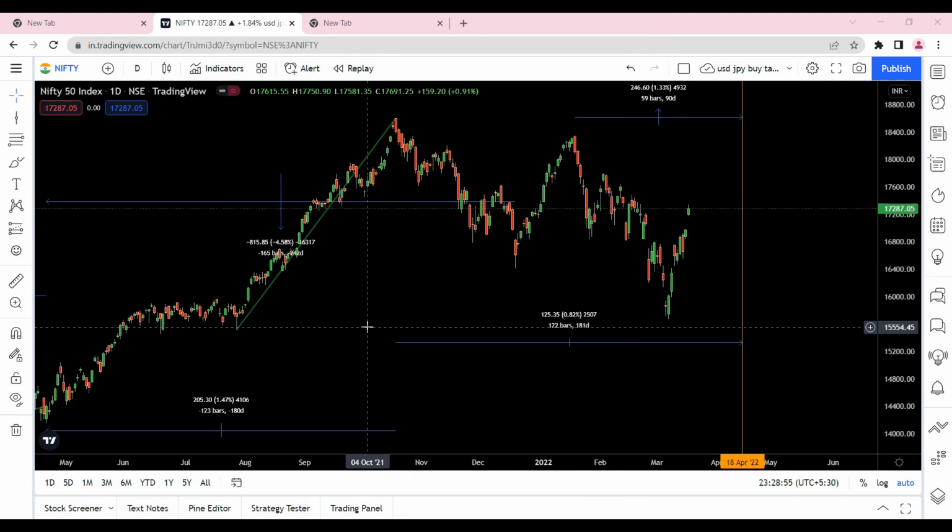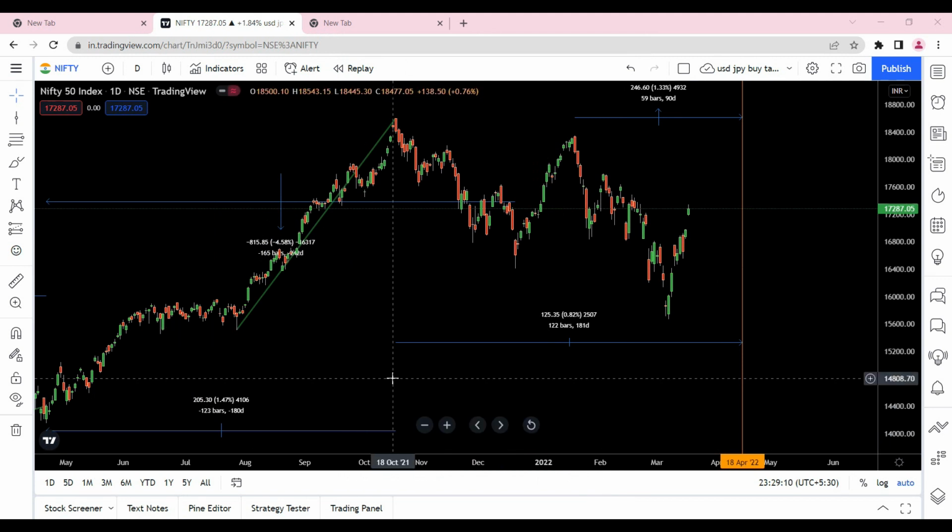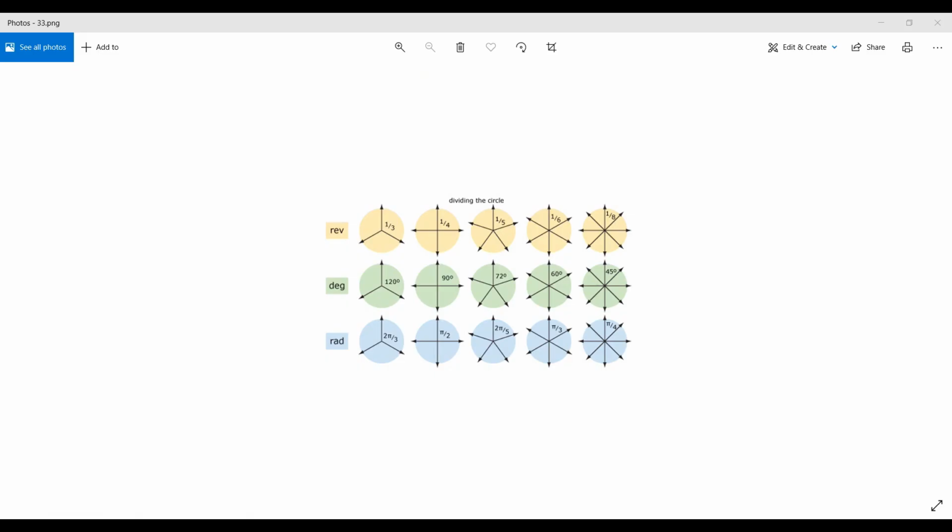Now let's move on to time analysis. I'm going to show you a few ideas based on Gann and circles and geometry, so you can relate very well, which I'm going to show you in cycles. So we're going to take a circle and divide it by 2.